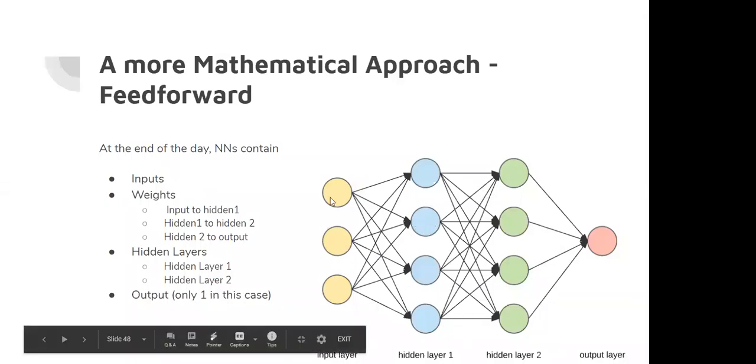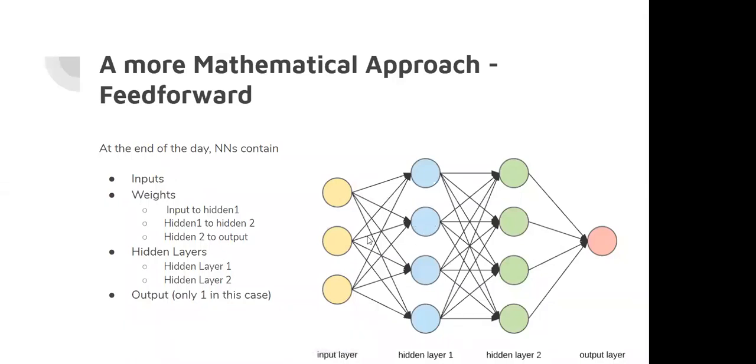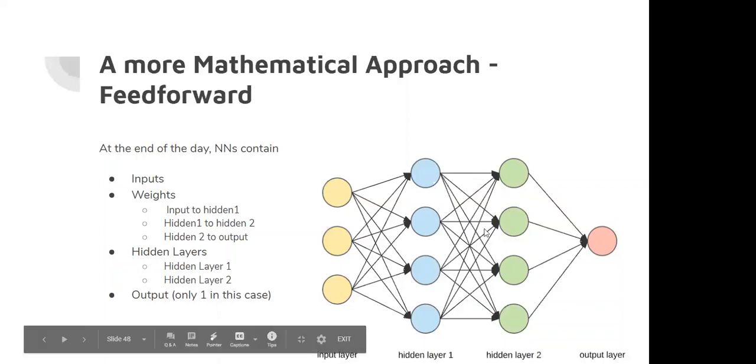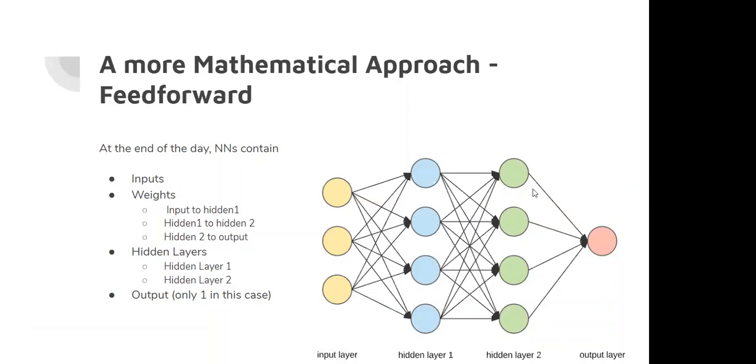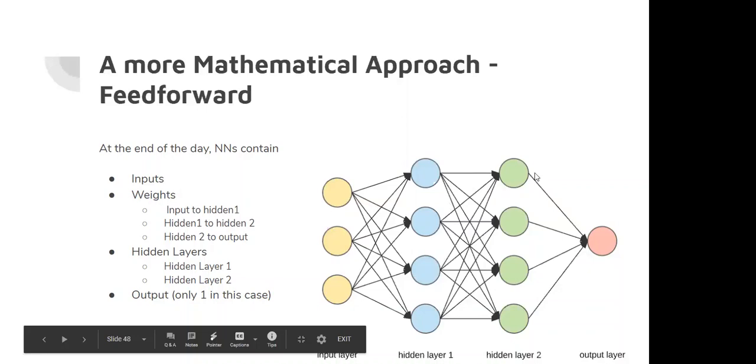All these lines have weights associated with them. Then from hidden layer 2 to the output, this also has some weights. So now we have a whole complicated bunch of matrices moving around. It's not just a single number going back and forth. And then you have the hidden layers, and then the output, which is just one output.